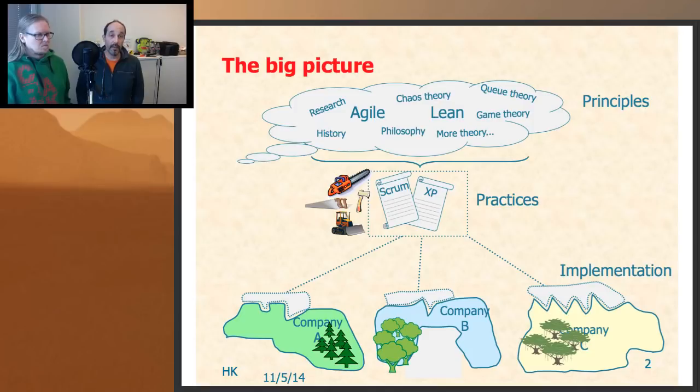But there's the agile movement, lean movement, even things like chaos theory, game theory, philosophy, and research on all of these. And these are not applied as such. In order to be able to apply all of these principles, they have to be somehow made into tools, which is here in the middle of the slide as practices.